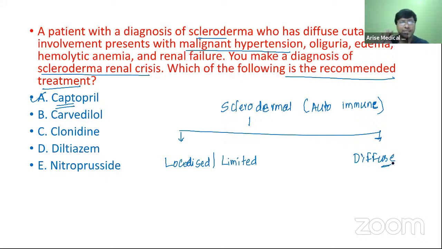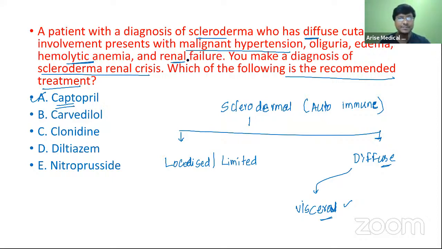Now the given case scenario is diffuse, and in diffuse scleroderma there is a high chance of faster progression of the visceral involvement also. And in our patient you can see there is malignant hypertension, oliguria, edema, hemolytic anemia, and renal failure.